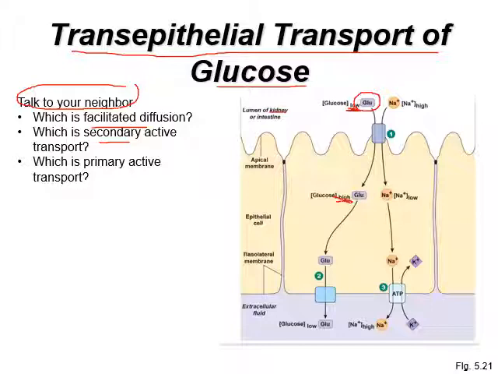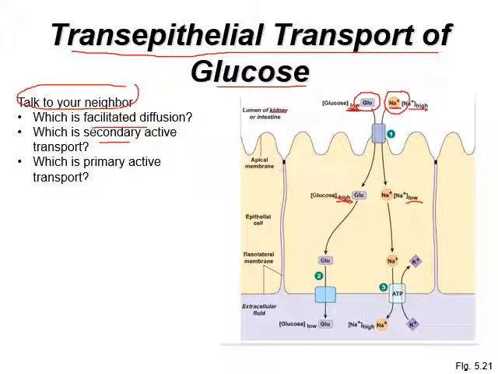All right, so glucose is not moving by diffusion, right? It's going against its concentration gradient. But what is sodium doing? Sodium is going from high to low. Right? Remember, many of our secondary transporters utilize the energy in the sodium concentration gradient.